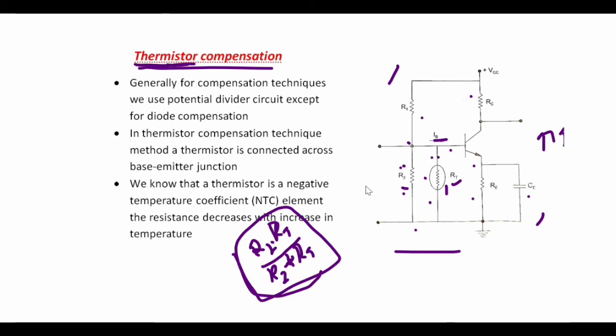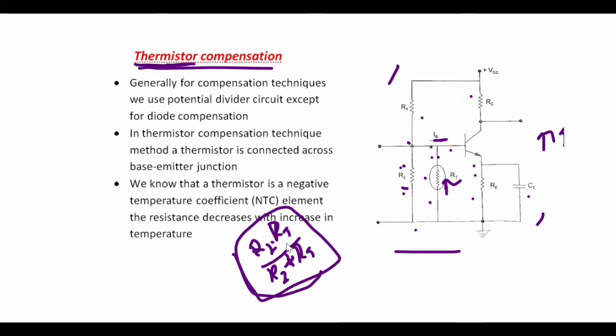Now in the thermistor compensation technique, the thermistor is connected between base and emitter across the R2 resistor, and the equivalent resistance is R2 into RT by R2 plus RT. If the temperature increases, the RT value decreases, that is it is a negative coefficient.